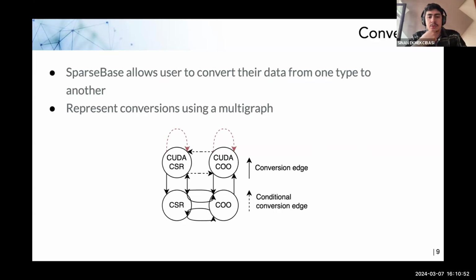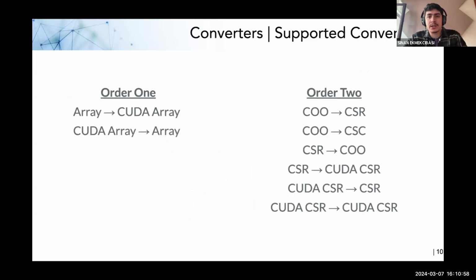We can convert formats among themselves, and here you can see the supported conversions. You can convert order one formats among themselves, and you can convert order two formats among themselves.